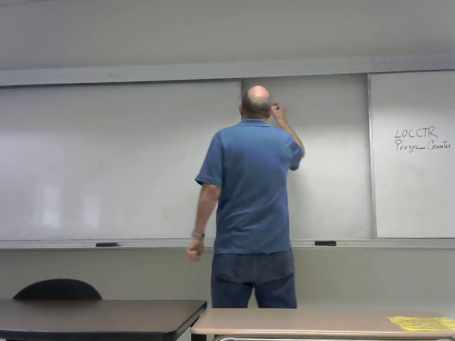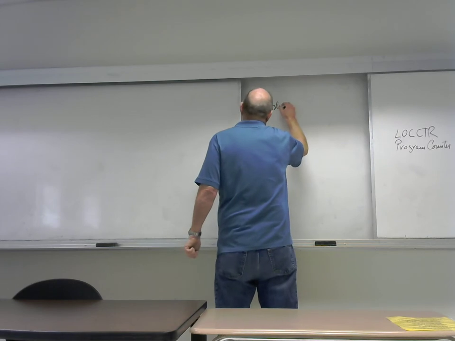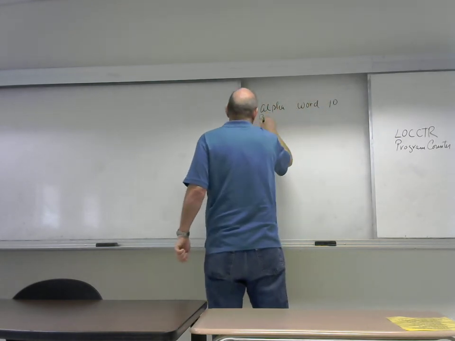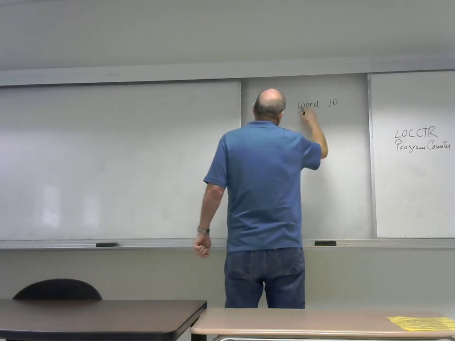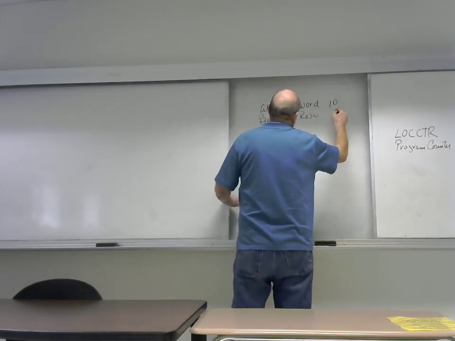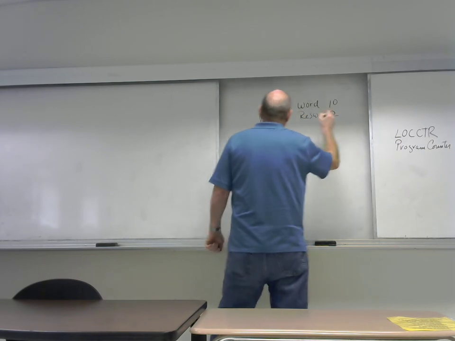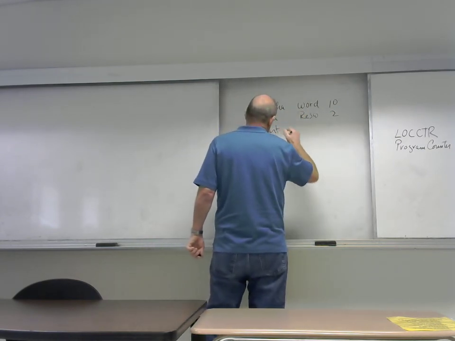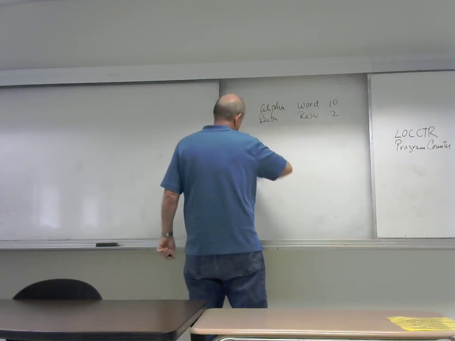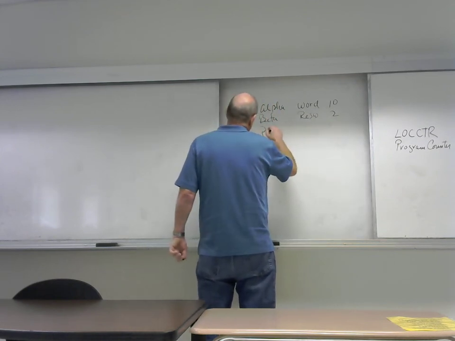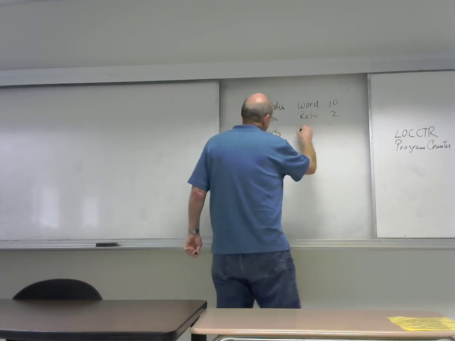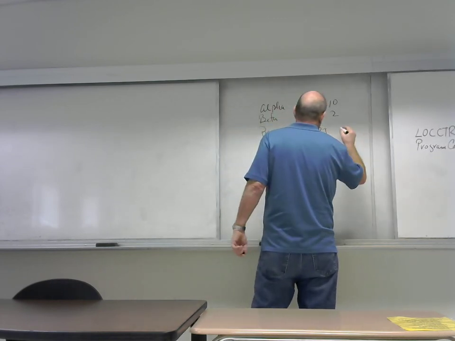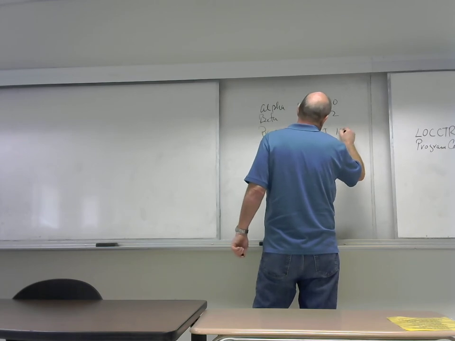So we've got something that looks like alpha, word, 10, beta, reserve word, 2, start, PROG, start, 1000.